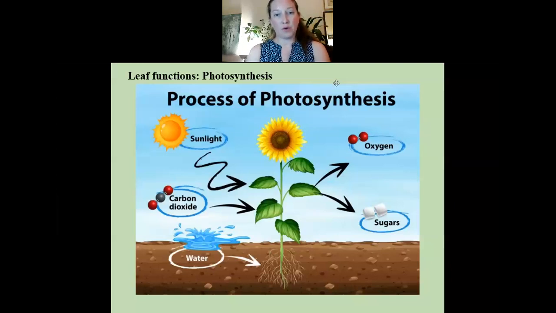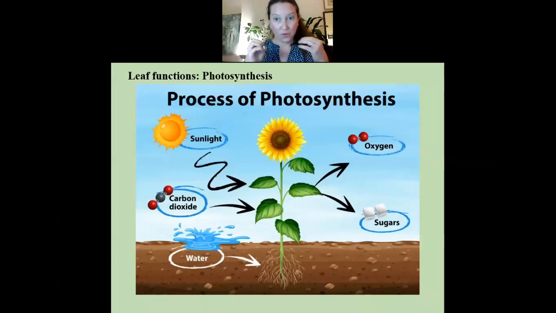During photosynthesis, sunlight and water enter the plant. The sunlight hits the plant leaves, and water enters the plant from the roots. These two things together allow the plant to take carbon dioxide gas and convert it into sugar, releasing oxygen as a waste product.